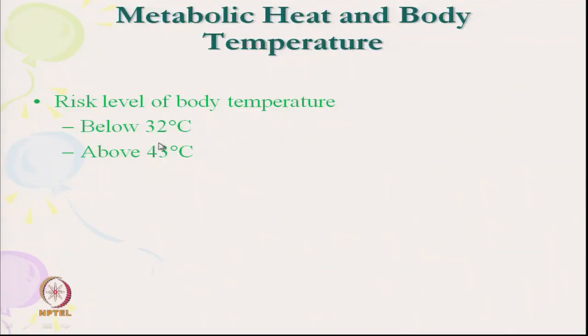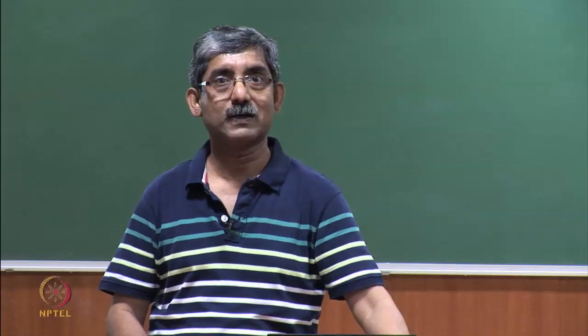If it goes below 32 degrees Celsius, it is hypothermia, and hyperthermia will be there if it is going above 43 degrees Celsius. Within this range we can survive, but ideally the temperature should be around 37 degrees Celsius, 36 to 38, that range is a comfortable range.